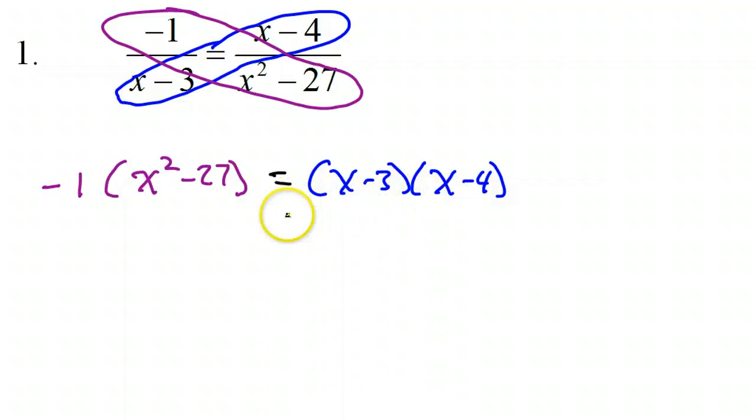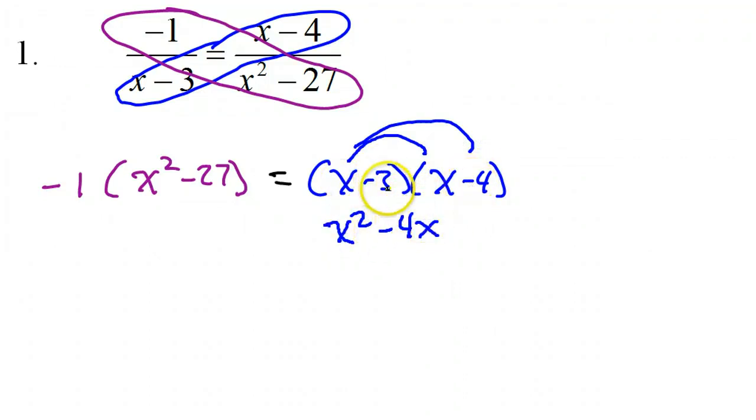Okay, over here we're going to double distribute. So x times x is x squared. X times negative 4, that's negative 4x. Negative 3 times x is negative 3x, and negative 3 times negative 4 is positive 12.